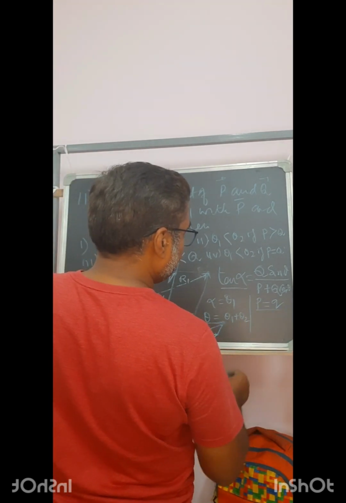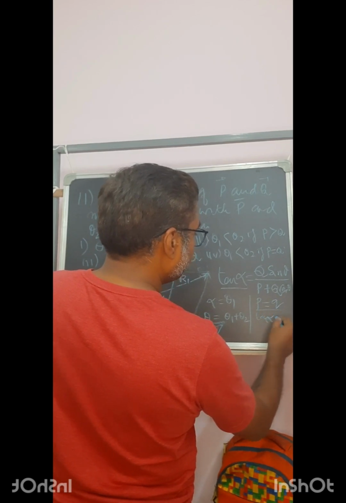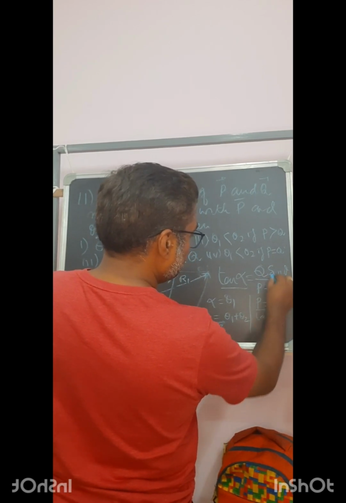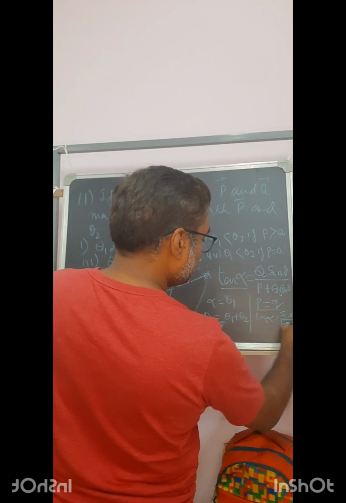So for P equal to Q, what I will find is tan alpha, if I eliminate P and Q since they are the same, on the top is sin theta, bottom is 1 plus cos theta.